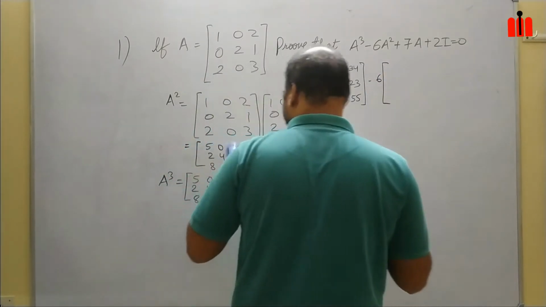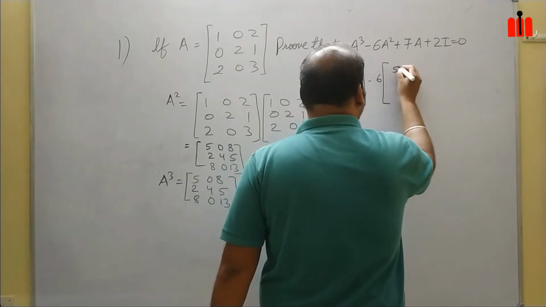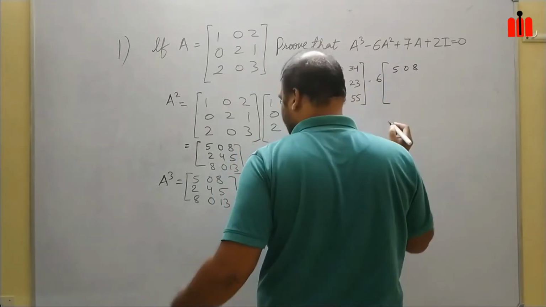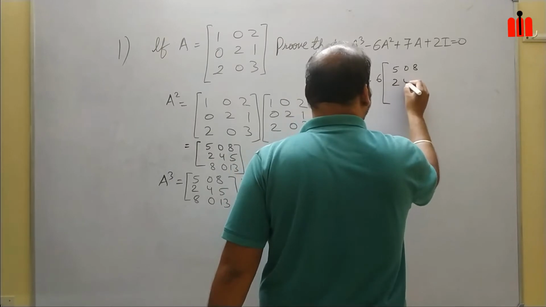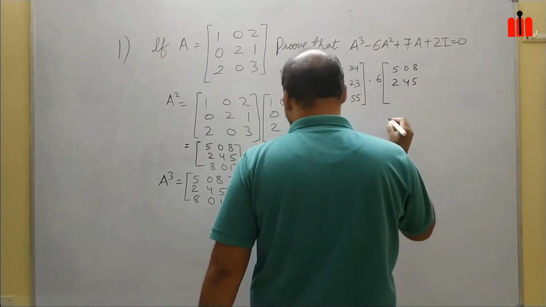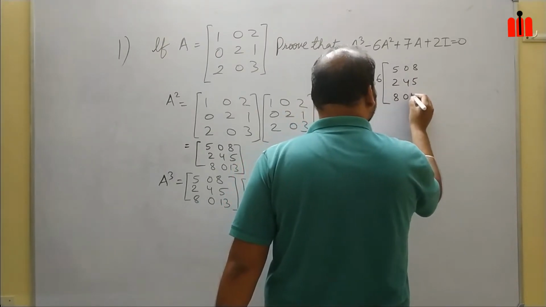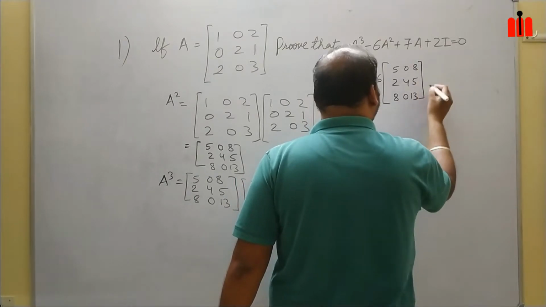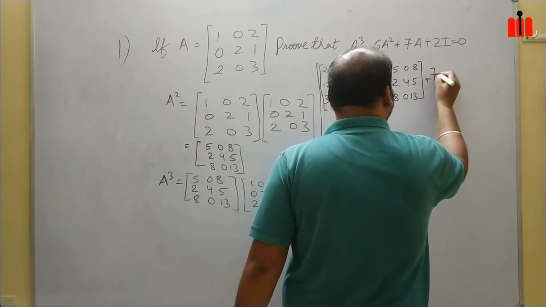So what is A square? 508, 245, 8013, plus 7A.